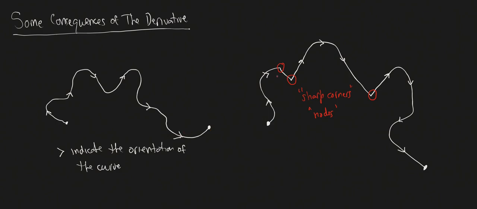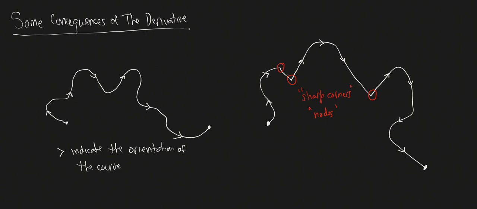So it turns out it's the derivative of the vector function, something about the derivative, that would cause these sharp corners and nodes. And that's not a foreign idea, because we saw that in Calc 1. So what exactly is it?